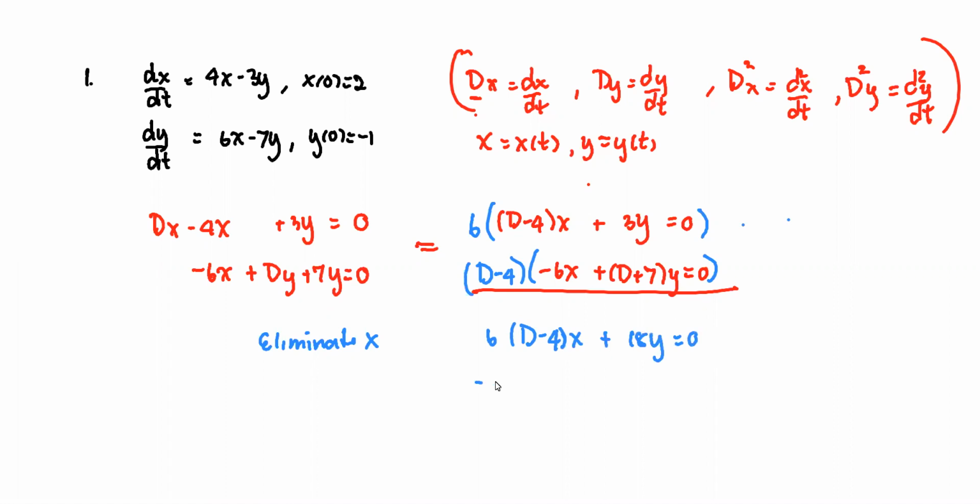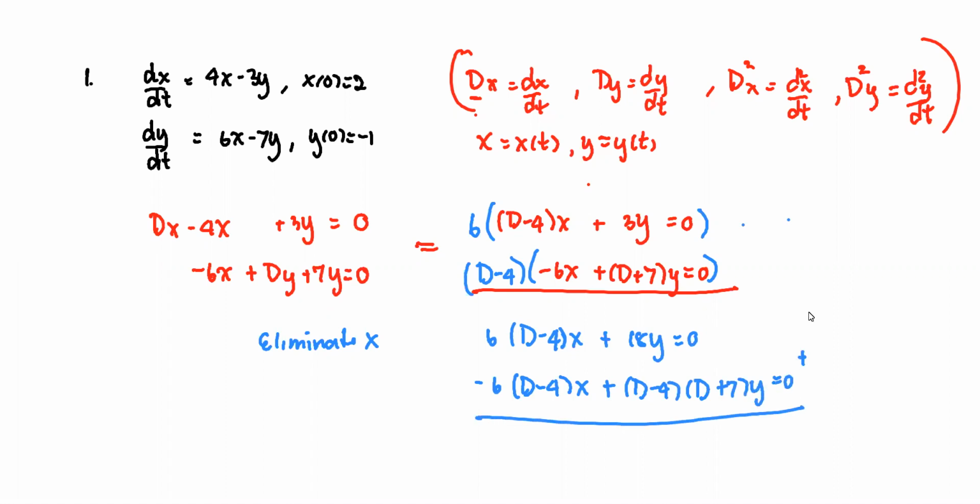And the second one becomes negative 6(D minus 4)x plus (D minus 4)(D plus 7)y equals 0. Then we add these two equations. The terms involving x will be gone. Now we get (D minus 4)(D plus 7)y plus 18y equals 0.